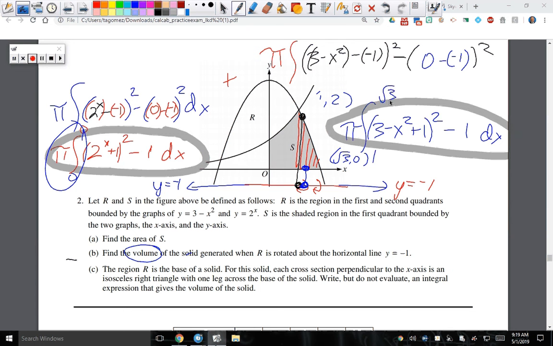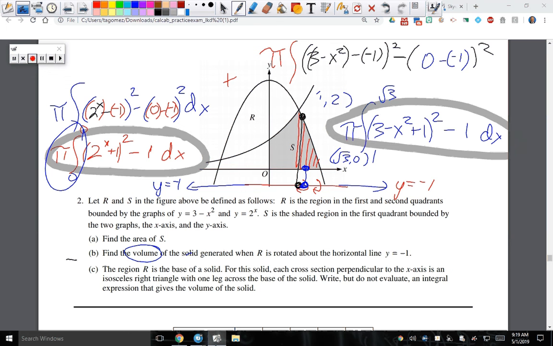Okay, so 0 to 1. I'm going to keep it like this because I can't see it otherwise. 2 to the x, and then I'll switch it over. Plus 1 quantity squared minus 1, and then dx. And then we get an answer.